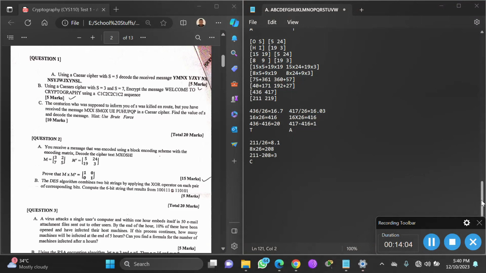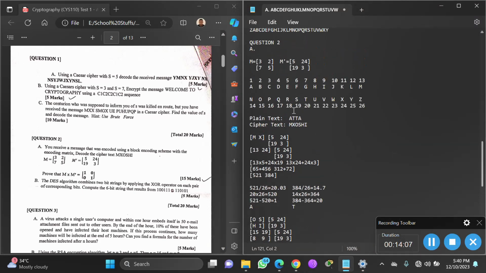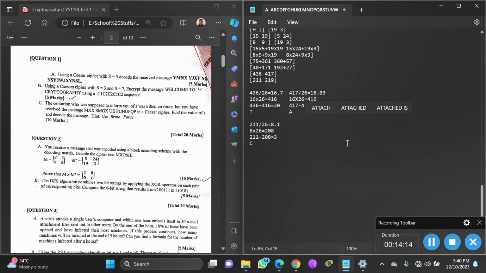So I'll go on my plain text again, then add a C. So we are remaining with the last one. So here, as you can see, we have 219 to represent the last one. So 219, we'll say divide by 26. Then what's the answer now? So 8.4. Then I'll get that 8 without the 0.4.